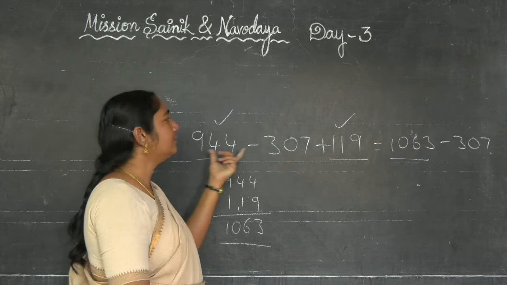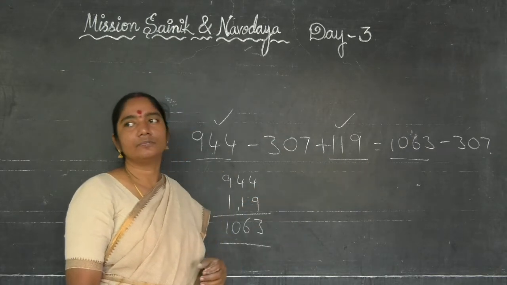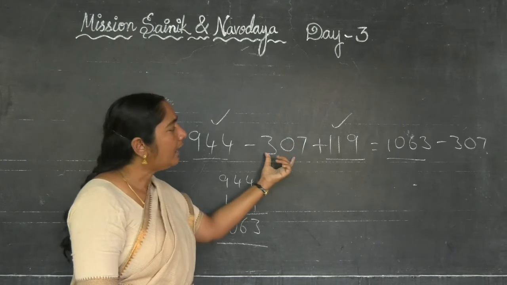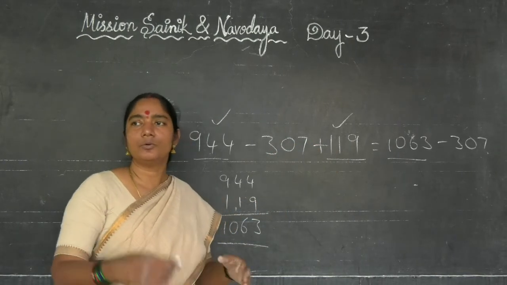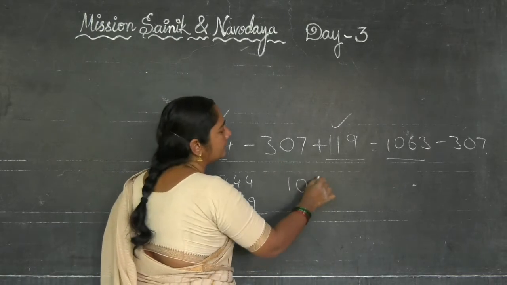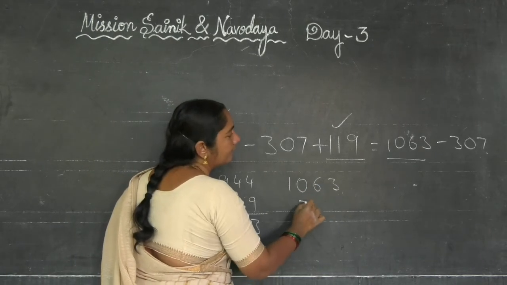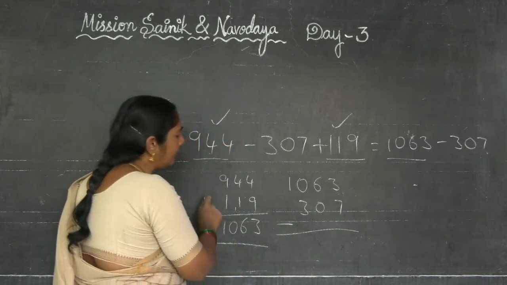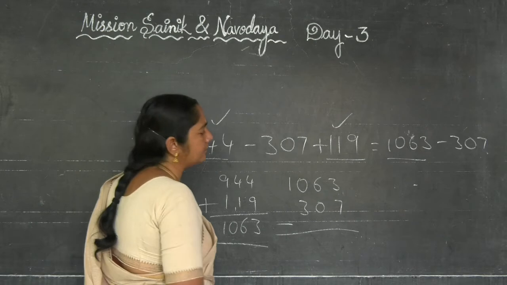If there are two negative numbers, add all the negative numbers first. Now subtraction.